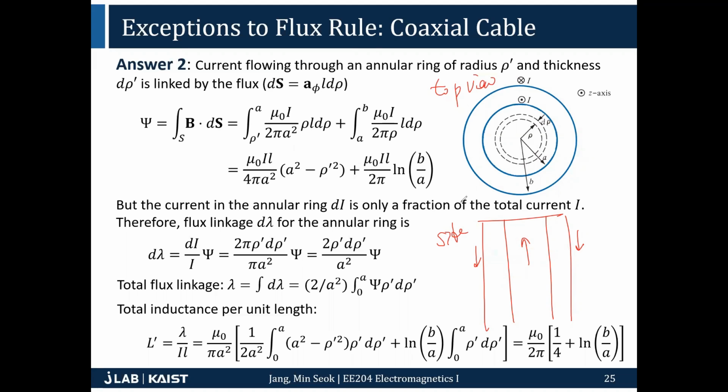So what we want to try is to divide the inner cylinder into many, many pieces. Like here, we divide the cylinder into infinitely many cylindrical shells with thickness d rho.